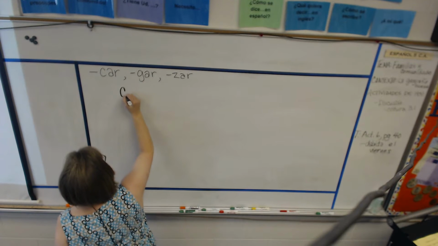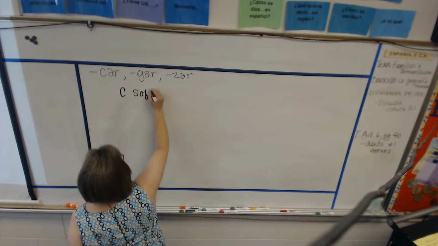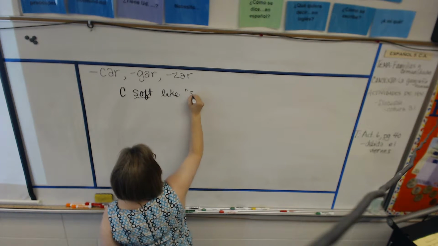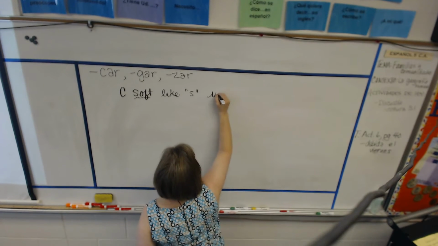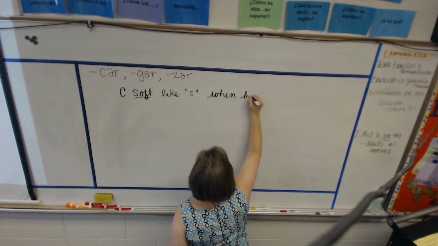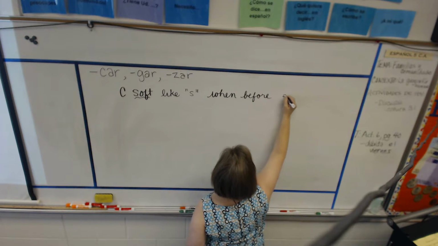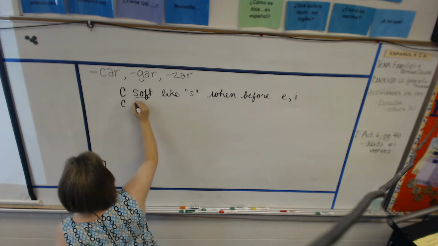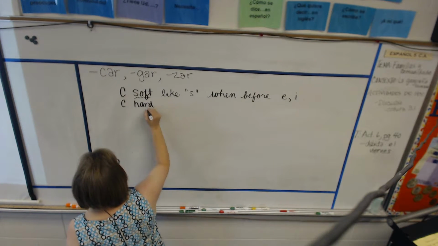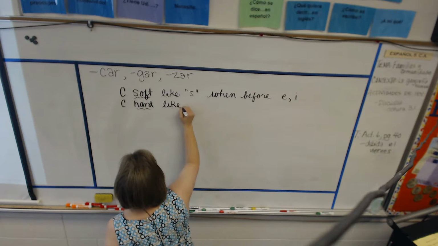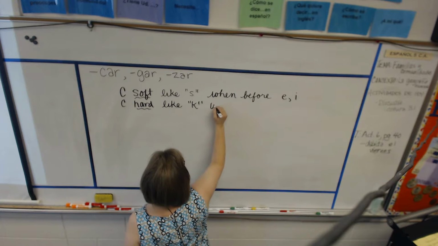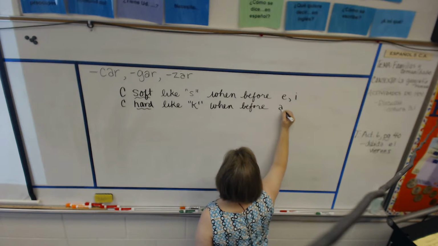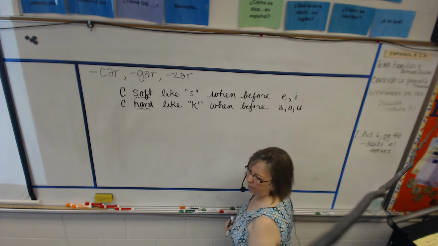The letter C is soft, like the letter S, when it comes before the letters E or I. And C is hard, like a K, when before an A, an O, or a U.